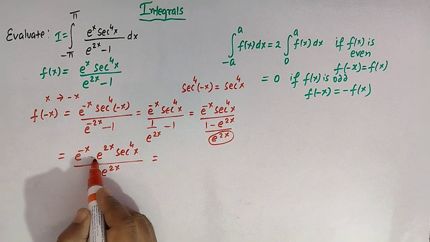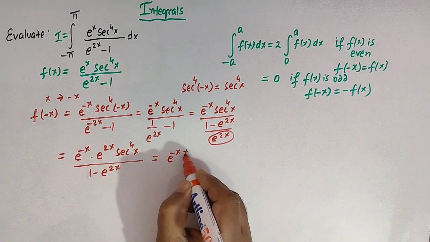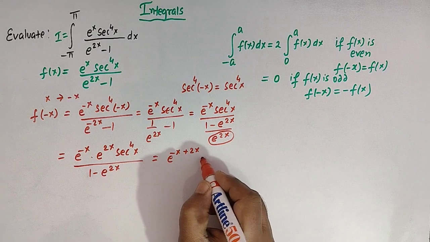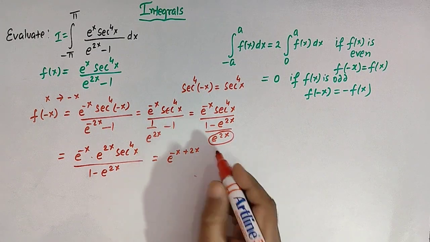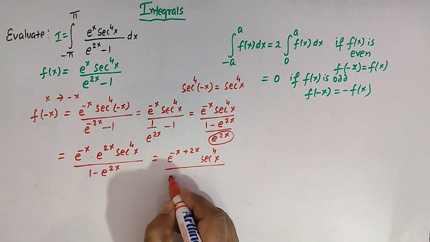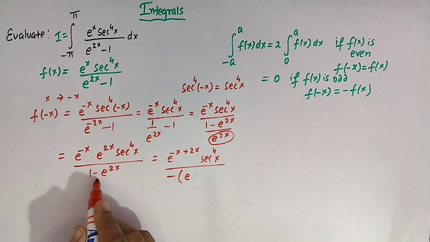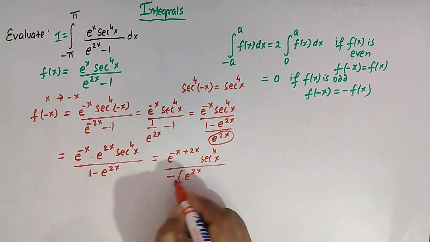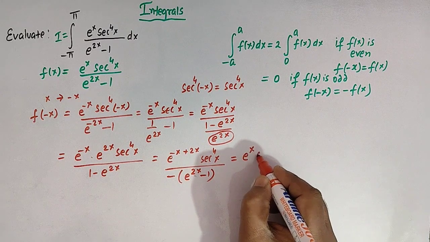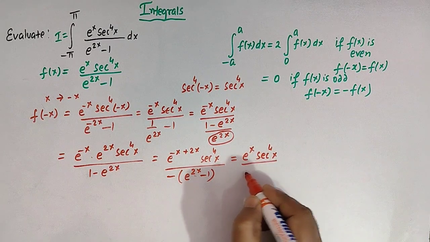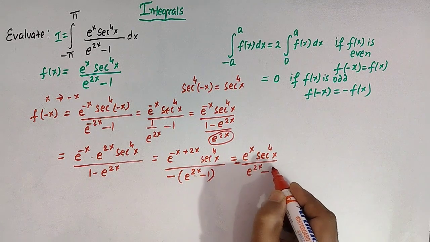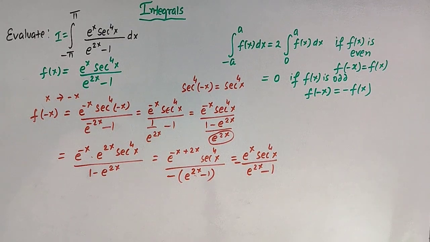We can take negative common, so we have minus of e raised to 2x minus 1. So this is e raised to x, secant x raised to 4, divided by negative of e raised to 2x minus 1.